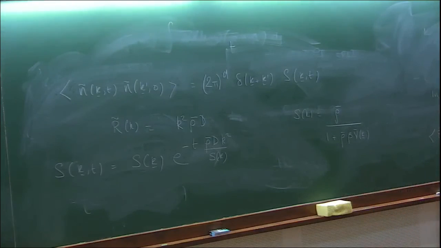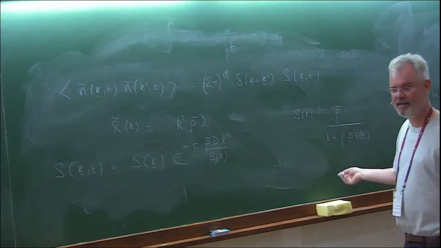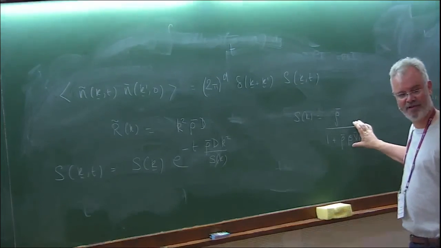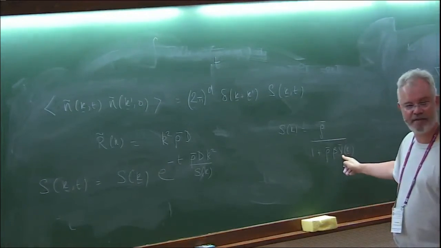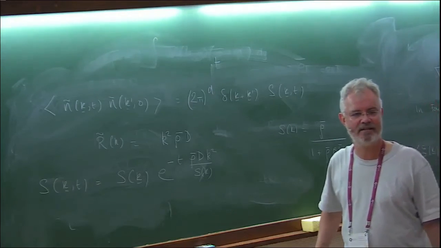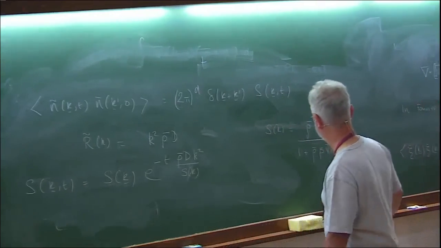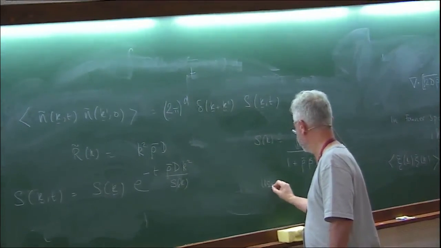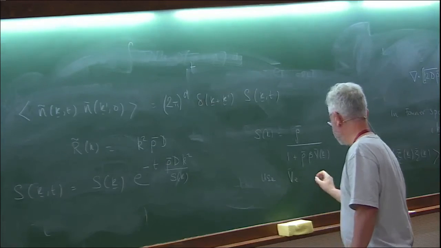But actually, if you talk to somebody who's doing an experiment, you can correct your theory. So you don't necessarily have to use this. You can use a theory where you take a V effective to give you the correct static result. So you can sort of patch up your theory.